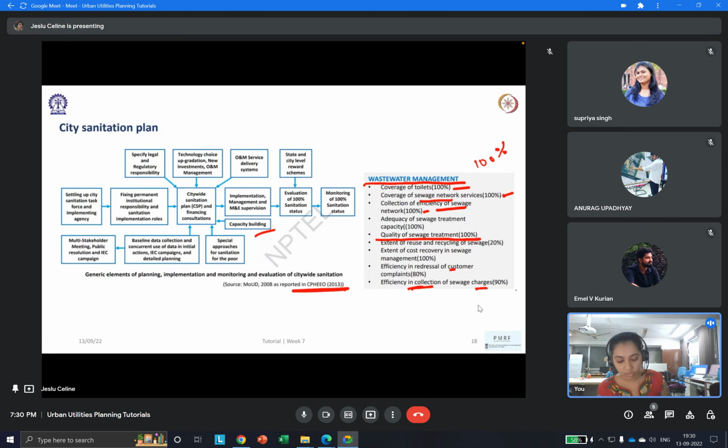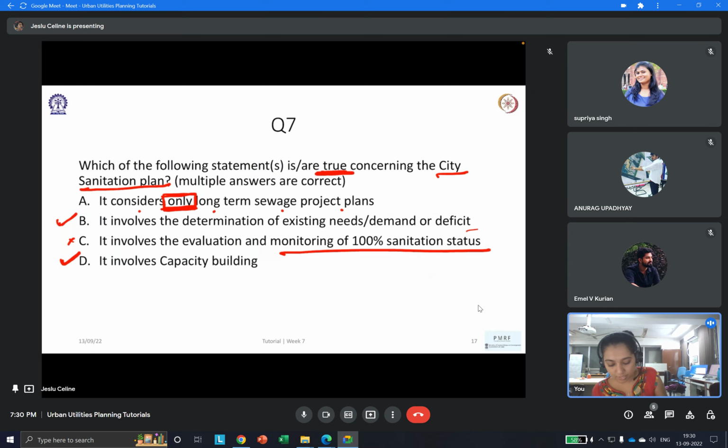So except A, all the options are right. It involves determination of existing needs, and evaluation and monitoring of 100% sanitation status is what we are looking for, and it involves capacity building also. So options B, C, and D are right. Any doubts? No. Okay, fine, let's proceed.